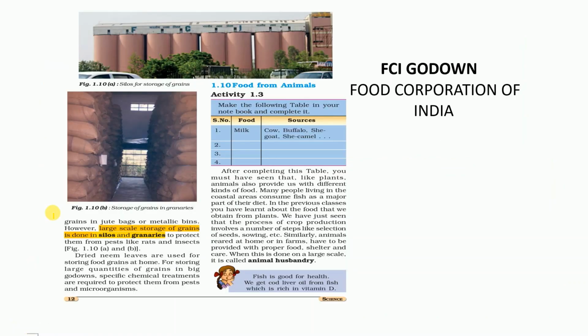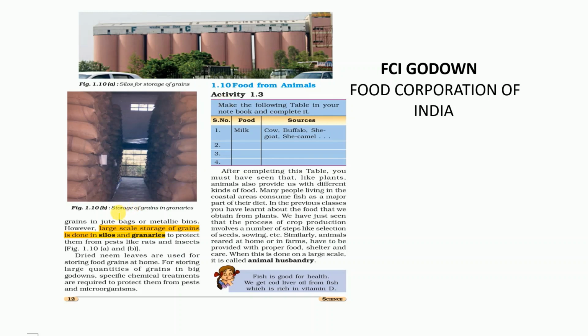Now coming towards storage, we see there is a diagram of an FCI, Food Corporation of India, godown. So the crops are taken by the government from the farmers and stored in these silos with the help of some preservatives, so that they can be supplied to other markets or to the PDS systems, to give to other needy persons.